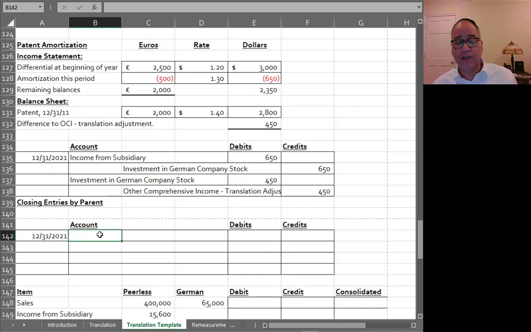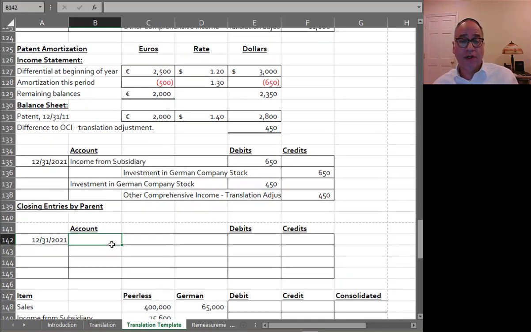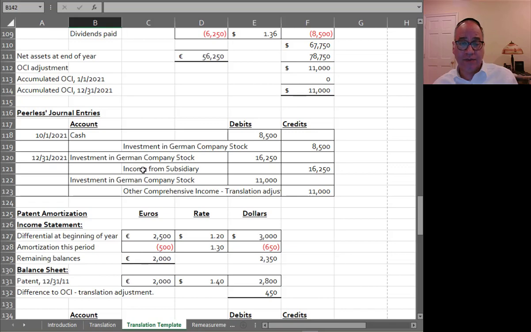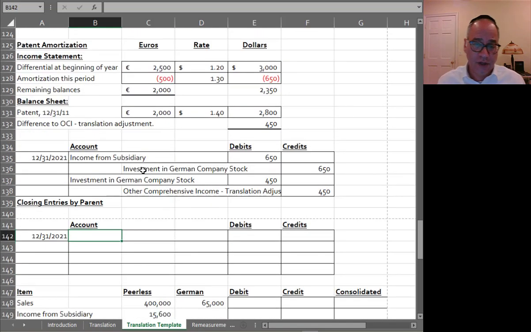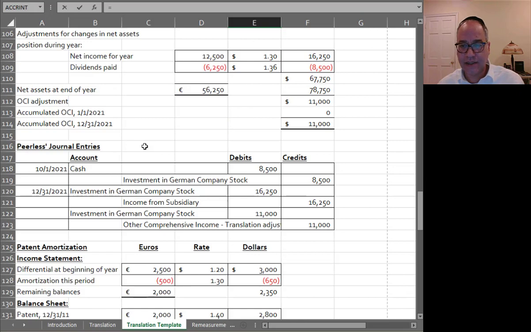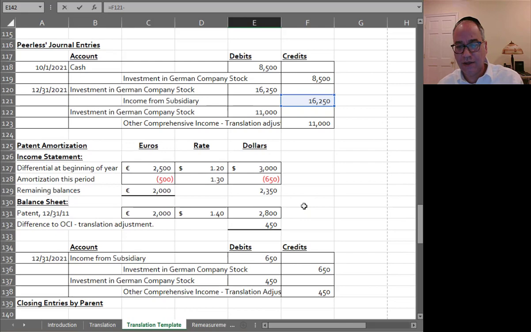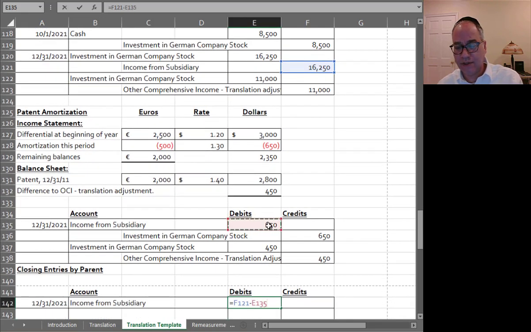You would have all your normal closing entries that the parent records. But in addition to that, the parent recorded some income here that I've got to reverse. So I'm going to debit income from subsidiary, in this case for 16,250 minus the 650 recorded over here. So that'd be 15,600.